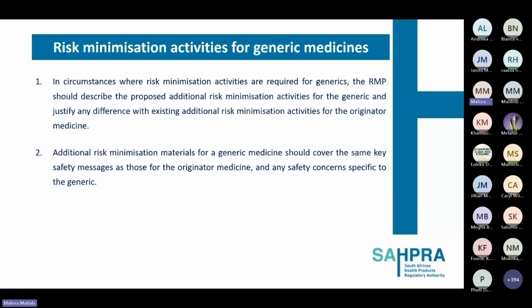So these are some of the additional information that you'll be providing, why maybe your RMP would be different, and then you provide the reasons thereof. Additional risk minimization materials for generic medicine should cover the same key safety messages as those for the originator medicine, and any safety concerns specific to the generic.